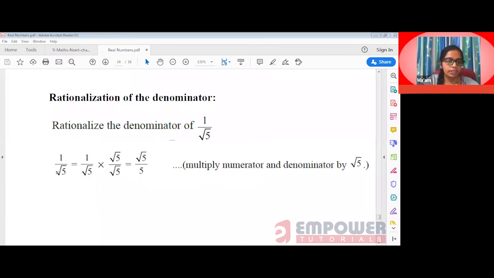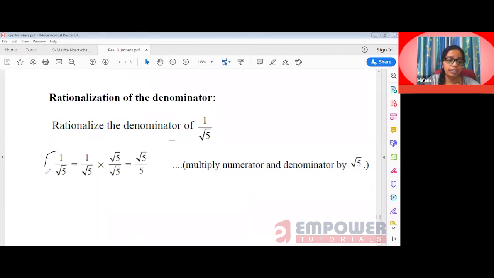Now in this case, this is root 5. I need to look for the rationalizing factor of root 5. If I multiply root 5 with root 5, this will become root 25, and root 25 is a perfect square, so I can write it in this form. So root 5 is the rationalizing factor of root 5, so I will consider this now.